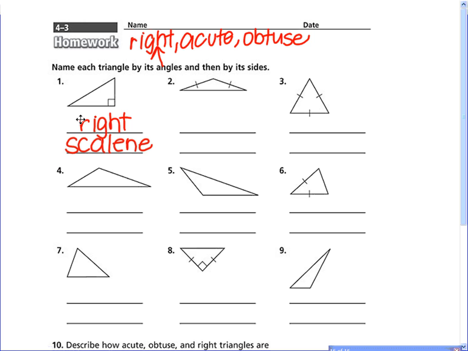The sides are what? Isosceles, scalene, and equilateral.